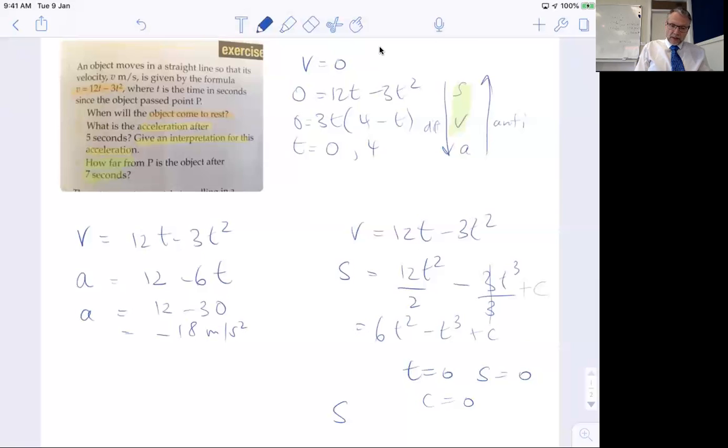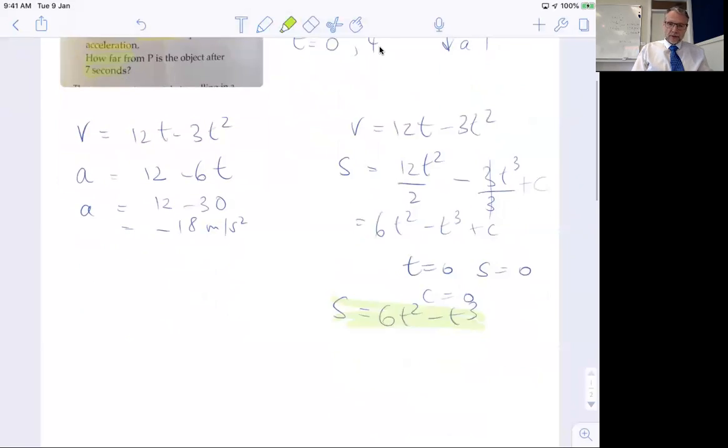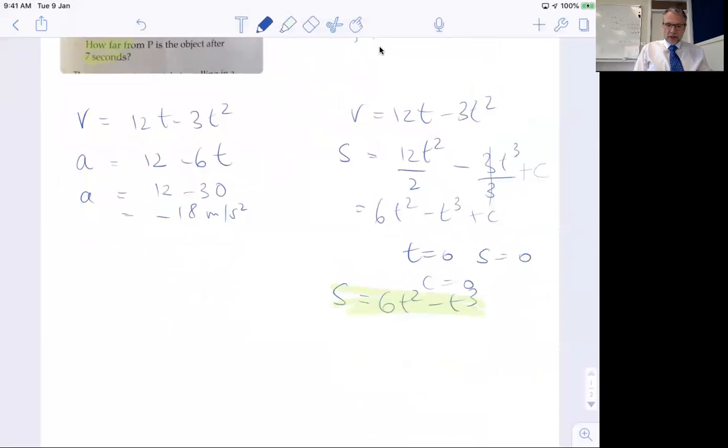So therefore s is equal to 6t squared minus t cubed, and that is the expression now for the distance. The last thing to do is to substitute 7 into that. So 6 times 7 squared minus 7 cubed.